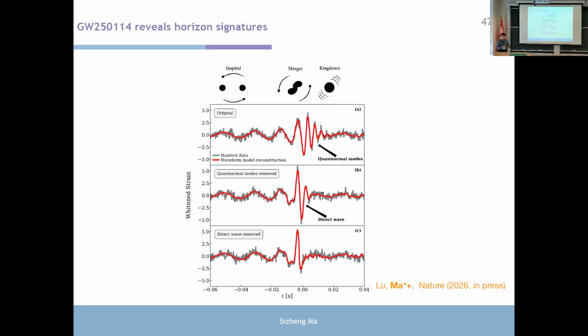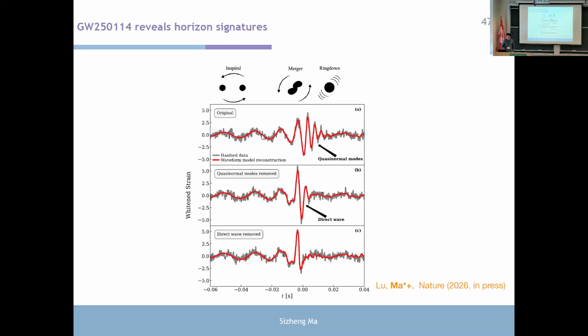After reviewing this signature from numerical relativity, it is also interesting to see whether we can observe this part from real observational data. So on January 14th, 2025, the LIGO-Virgo-KAGRA collaboration observed the largest gravitational wave event to date.